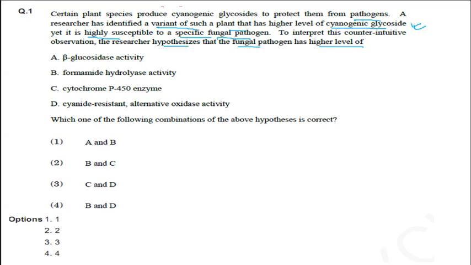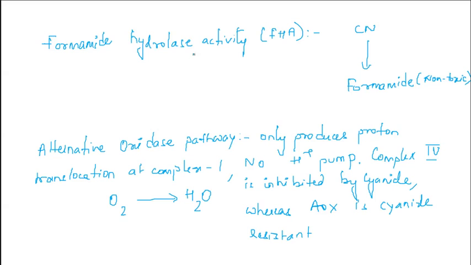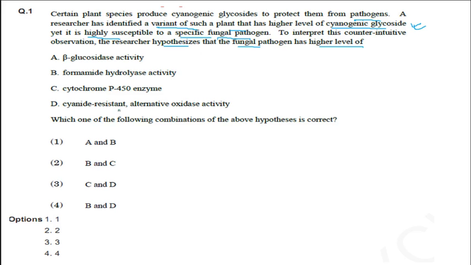which is allowing the fungal to grow even in presence of cyanogenic glycoside. Okay, so one thing I would like to tell you, now the question option says beta glucosidase activity. So remember, these are some enzymes given. Beta glucosidase activity helps in the formation of hydrogen cyanide.